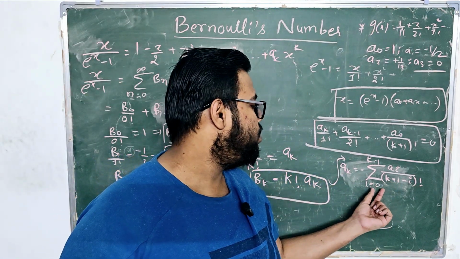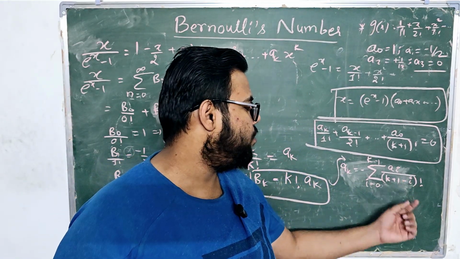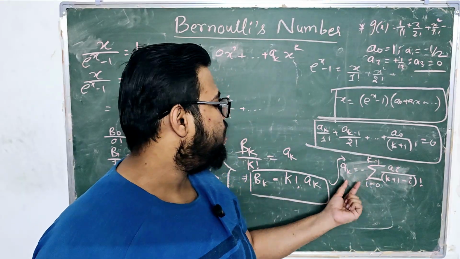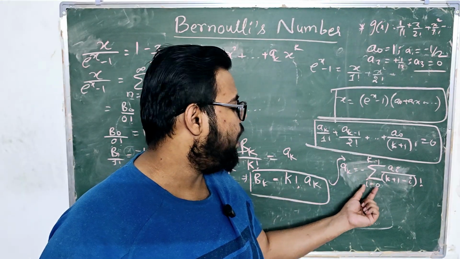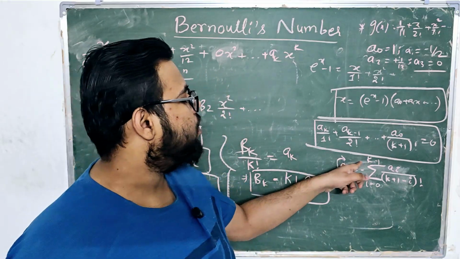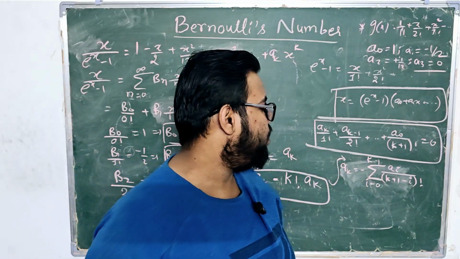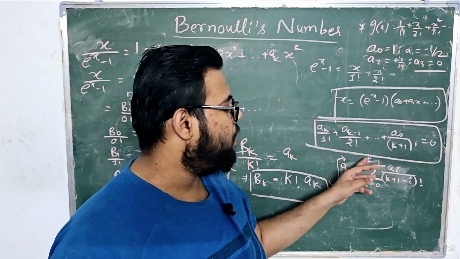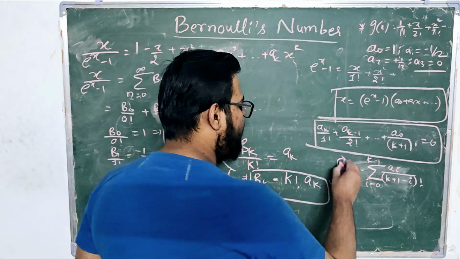So when i is equal to 0, you get a0 divided by k plus 1 factorial. It matches. When i is equal to 1, you get a1 by k factorial. It is correct. When it is k minus 1, so when you substitute over here, you will get a(k minus 1) divided by 2 factorial. You get this expression. So ak is equal to this expression.